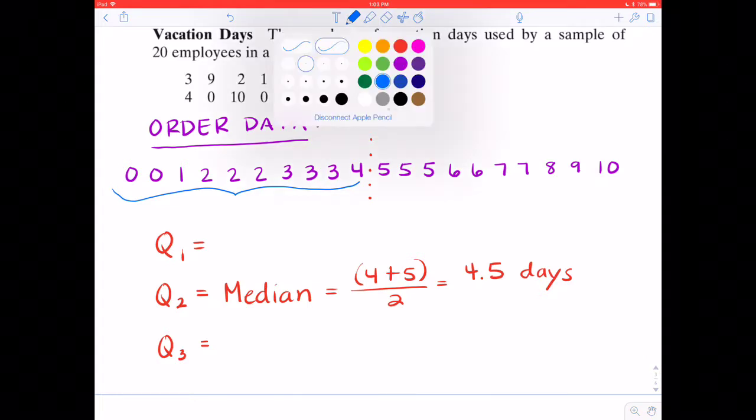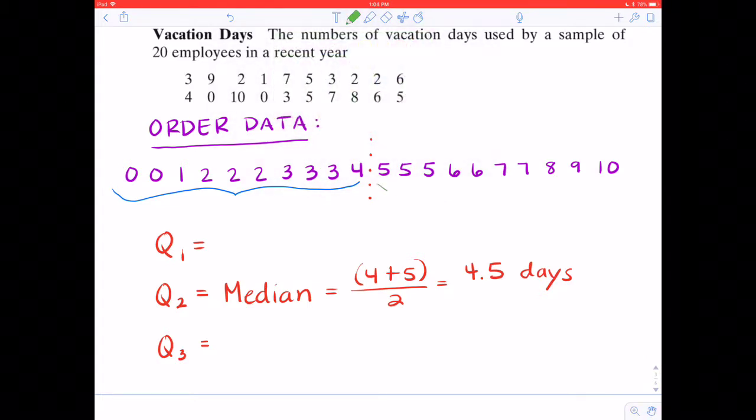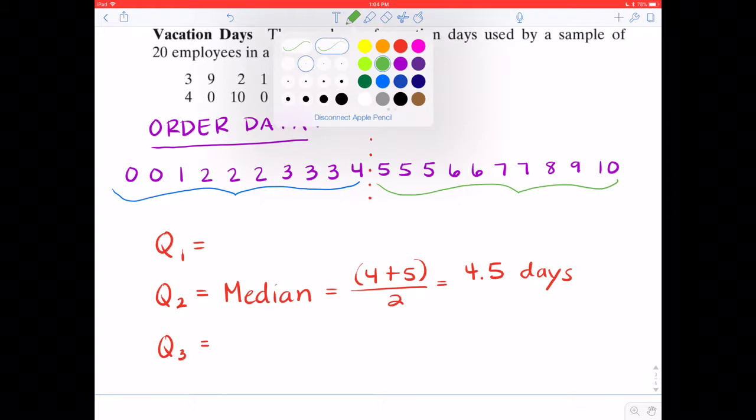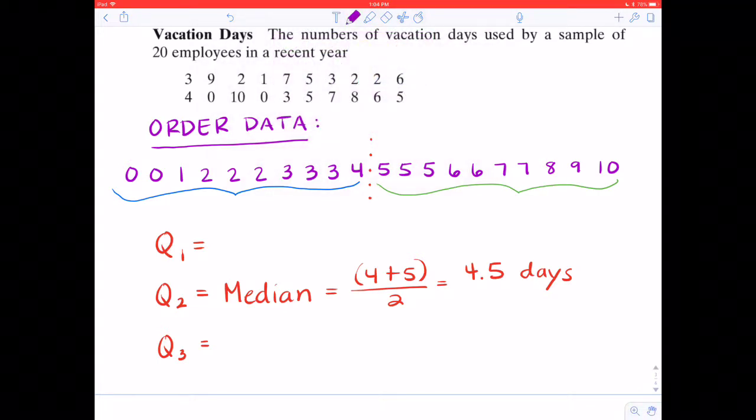You're going to look at the second half of the values as those above the median. And all you're going to do to separate these halves into quarters is take another median, but look at this specifically for the first half of the data.